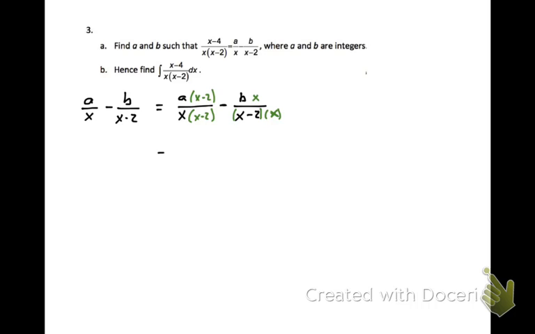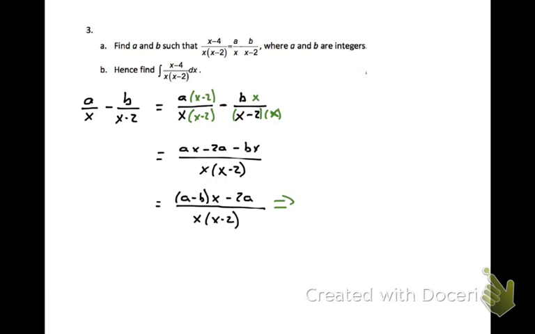What they've asked me to do is a over x minus b over x minus 2, and I'm rewriting that with a common denominator. As I distribute it out, I look at my x term. Both the a and the b have an x, so it's a minus b times x, and then minus 2a. That's my numerator, and there's my denominator.